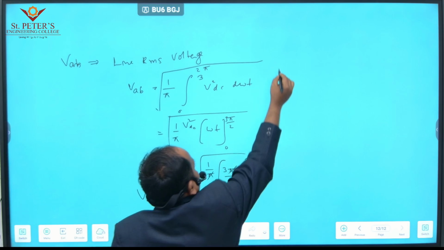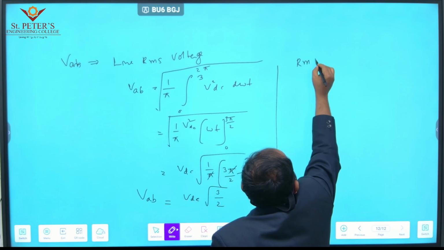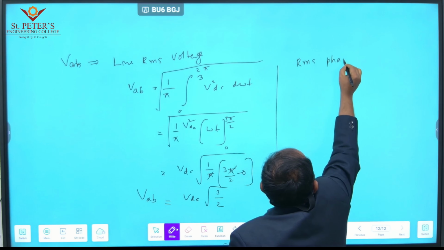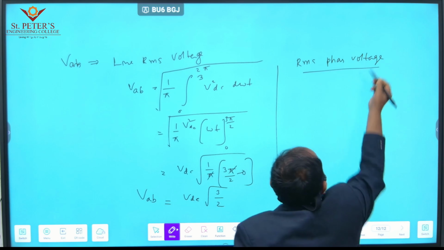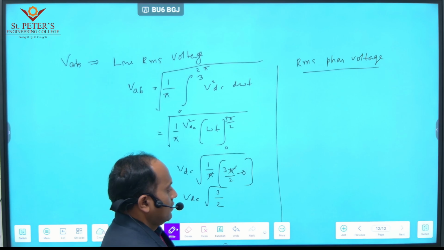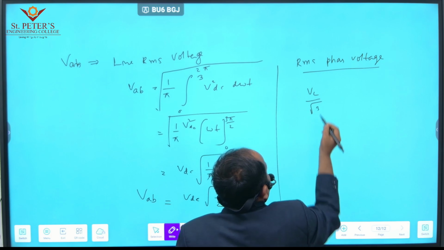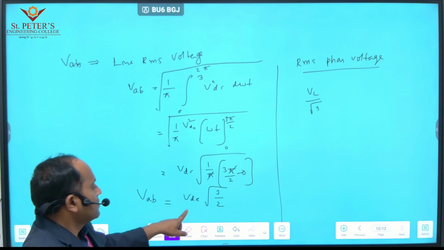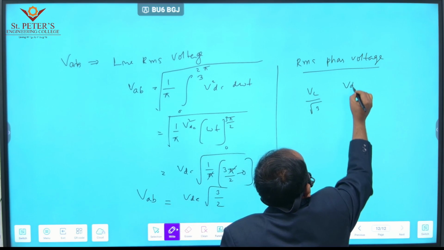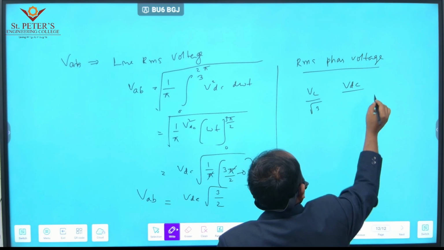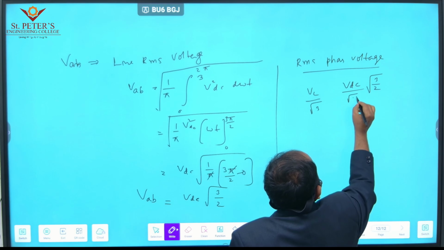Okay, then what is the phase voltage? The RMS value of phase voltage is VL by root 3, where VL is the RMS voltage of the line. That is VDC under root 2 by 3 divided by root 3.